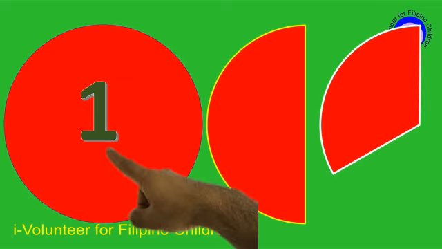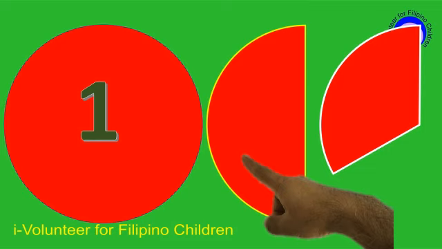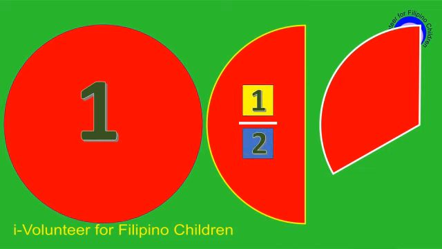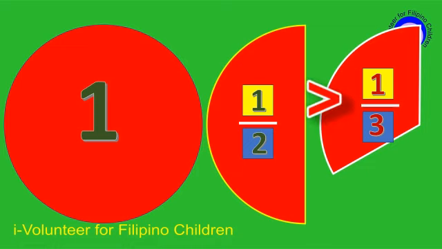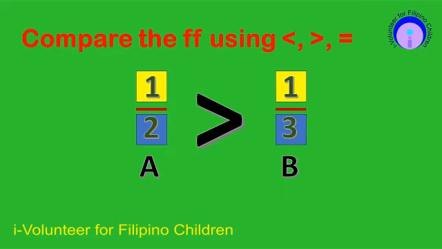This one represents 1/2. This one represents 1/2. This one represents 1/3. This diagram tells us that 1/2 is bigger than 1/3. 1/2 is greater than 1/3.